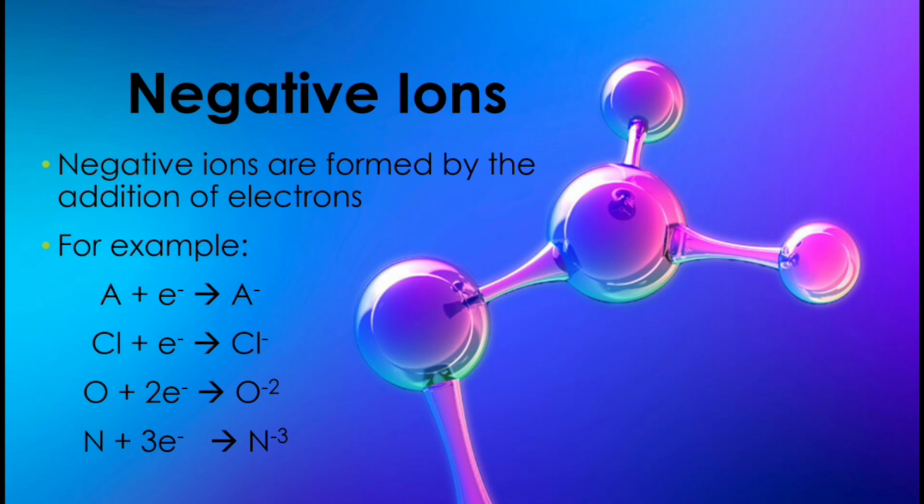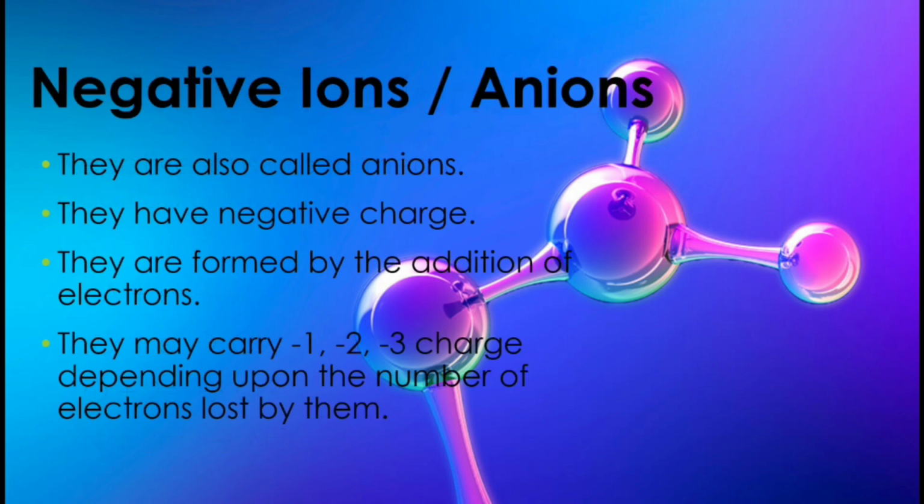If it gains 2 electrons, it will exhibit -2 charge, and if it gains 3 electrons, it will exhibit -3 charge. Now, some properties of negative ions: they are also known as anions. They have a negative charge. They are formed by the addition of electrons, and they may carry -1, -2 or -3 charge depending upon the number of electrons gained by them.